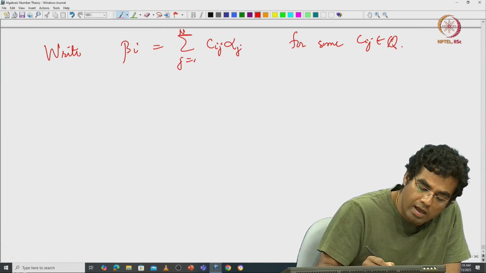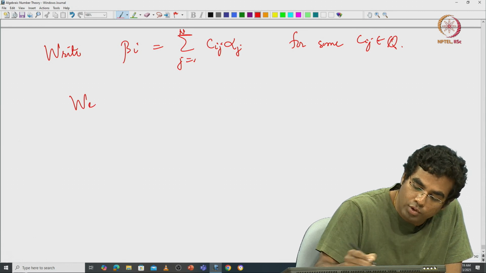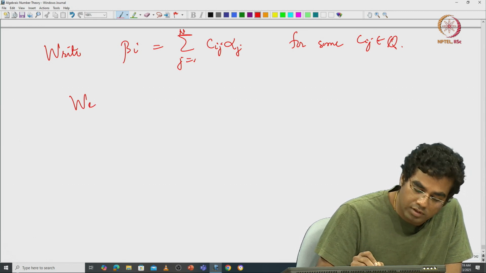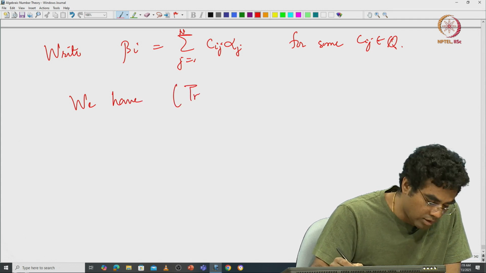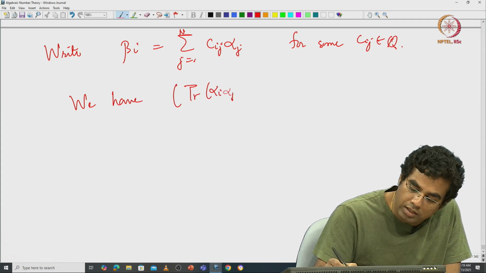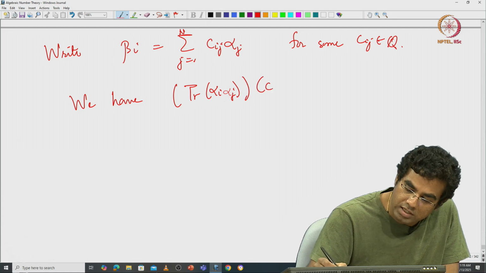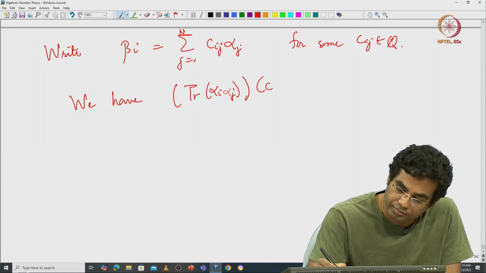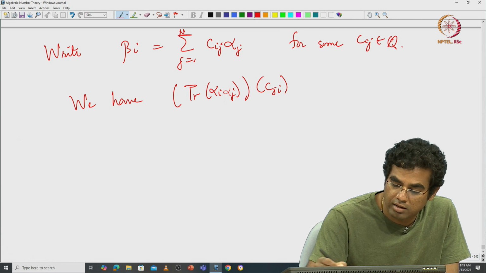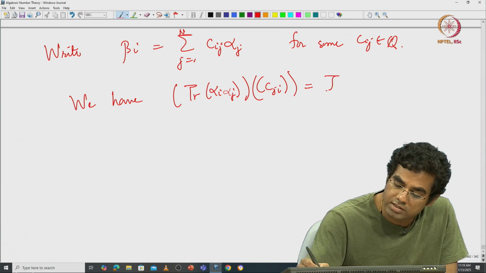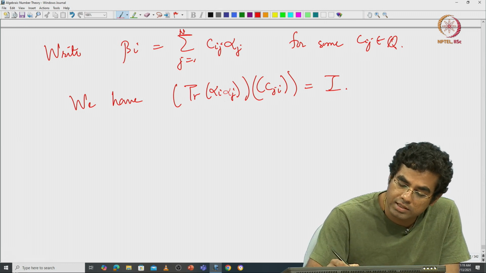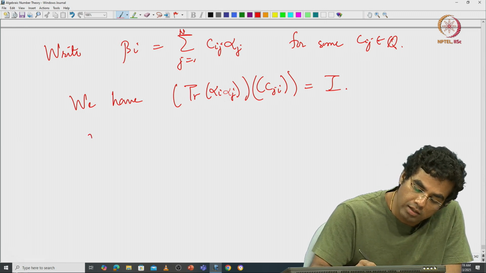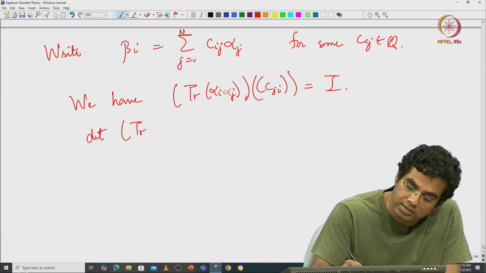So, if you rewrite the duality between them, we have the matrix of trace of alpha i alpha j times the matrix of C i j, and if you take these two matrices you get that this is equal to the identity. But now remember, what is this thing, the determinant of trace of alpha i alpha j?